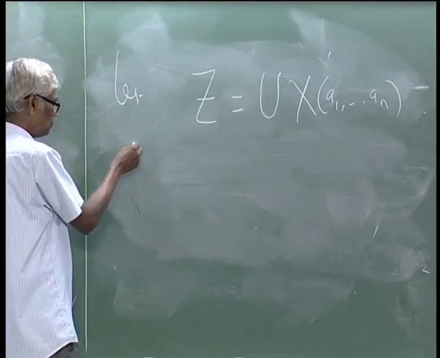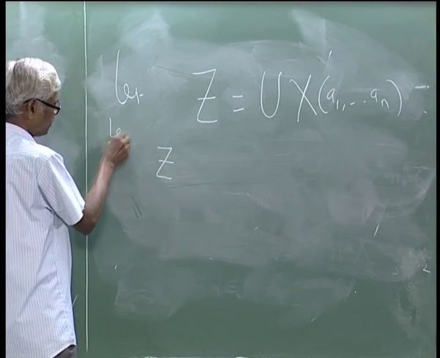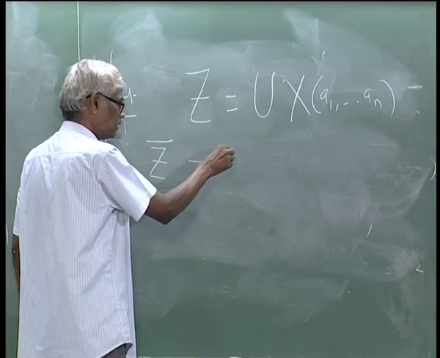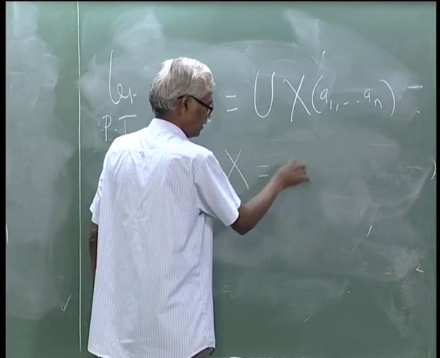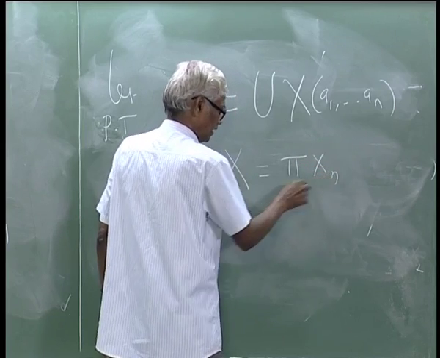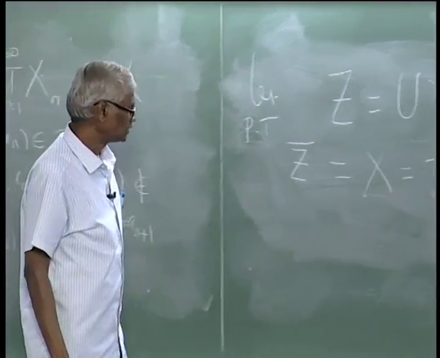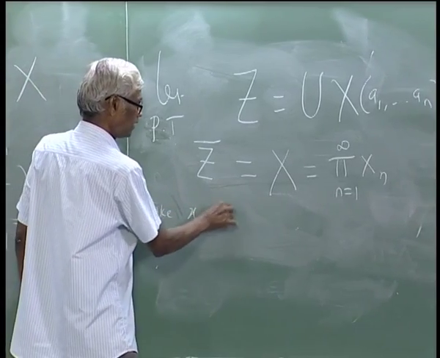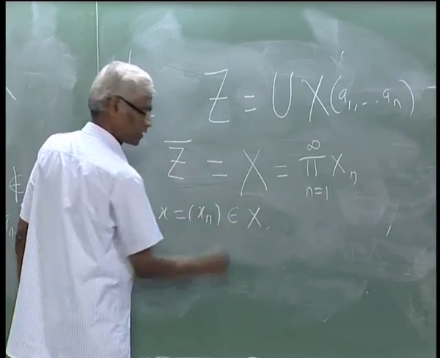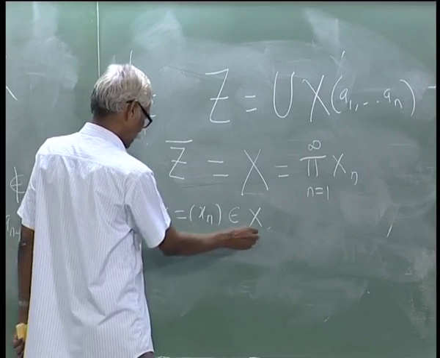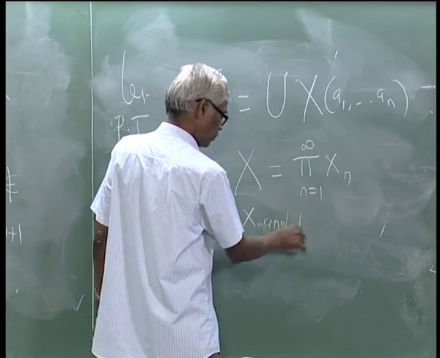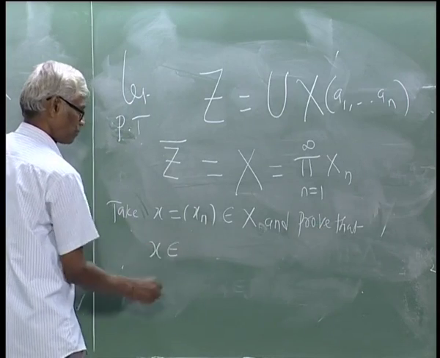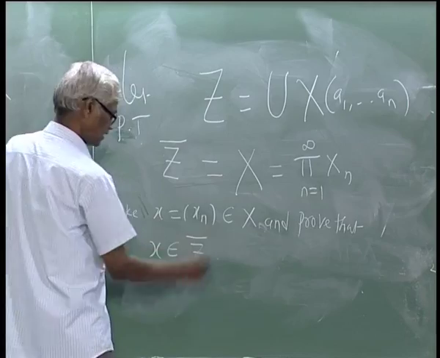Now, it is easy to prove that the closure of this space equals the whole space capital X. For that, it is enough to take x equal to (xn) belonging to the Cartesian product, and prove that this x belongs to the closure of Z.